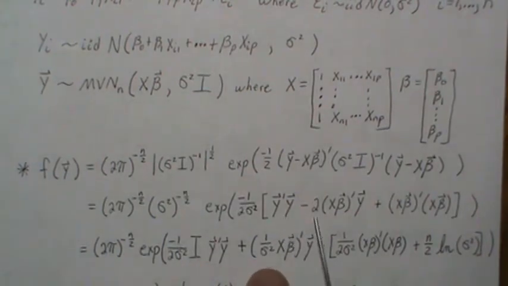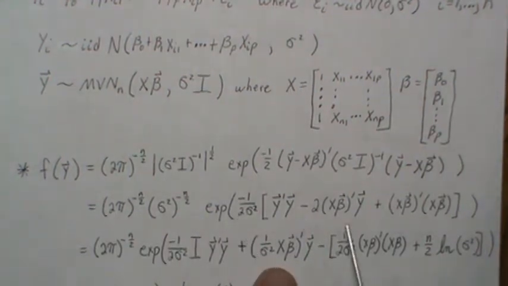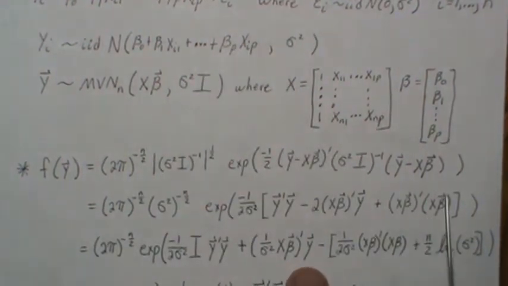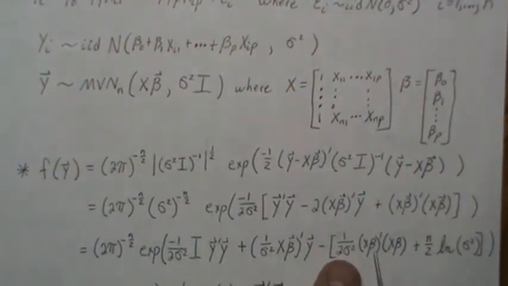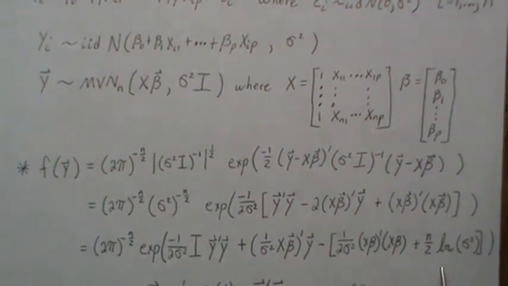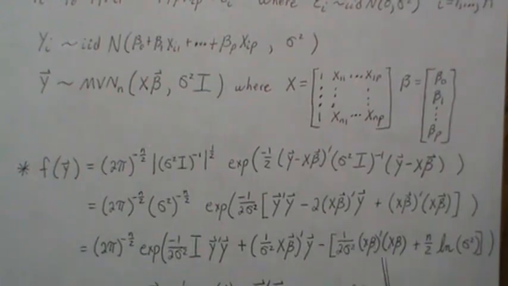So this comes down. This is here. The 2 cancels with that 2. These are all, there's no y in it. It's all parameters. So that comes down to here and this to here. Now, this piece here is a function of just the parameters. And remember, the x's are considered fixed constants.